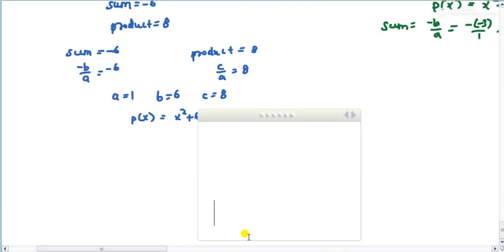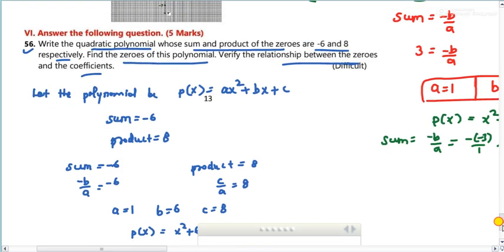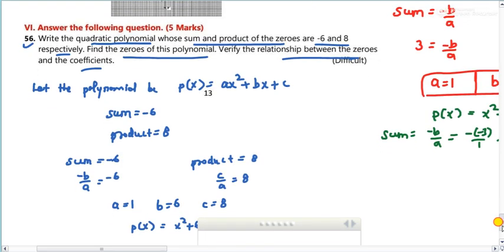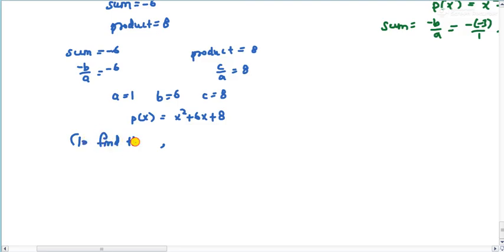So this is one part of the question. They have asked you to write the polynomial, so we got the polynomial. Next is find the zeros. Yes, minus 4 and minus 2, that's correct, but let us solve. 8 here, 6 here, 4 and 2 directly. So p of x is equal to x square plus 6x plus 8.